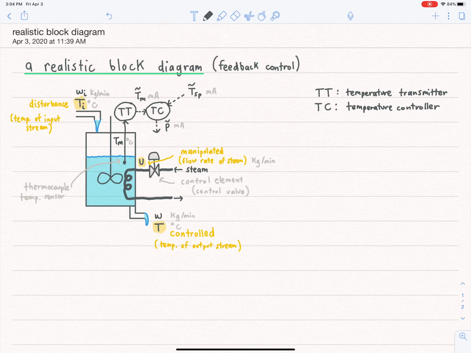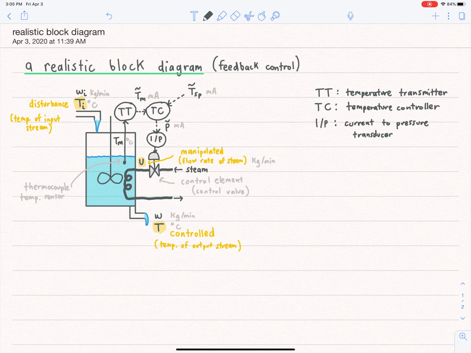And this electrical signal is fed to a current to pressure transducer. And so that's denoted as I/P because I is used for current. So I/P, current to pressure transducer. So it takes as input a current, a milliamp signal, and it spits out a pneumatic signal.